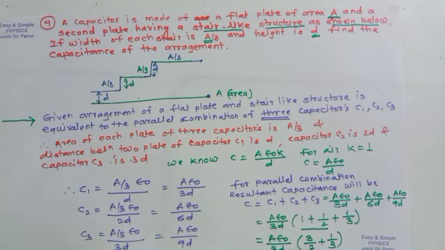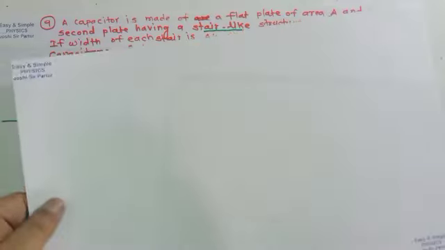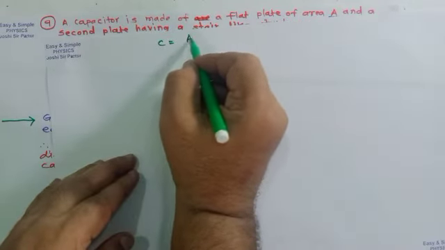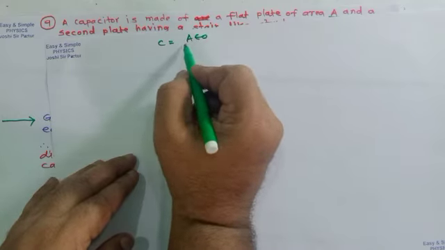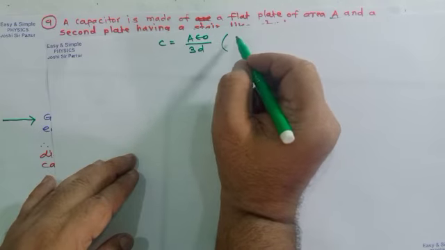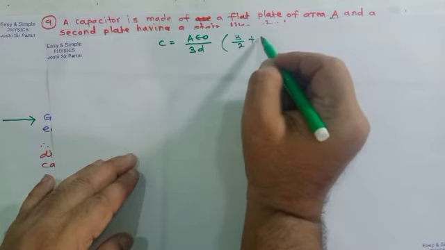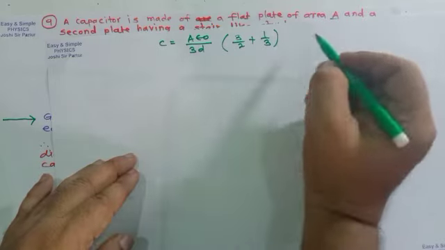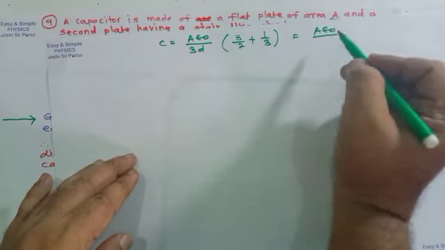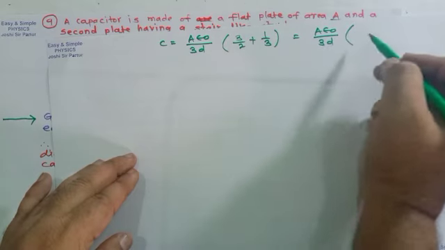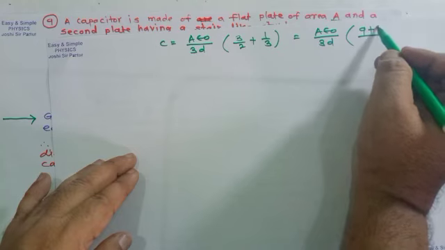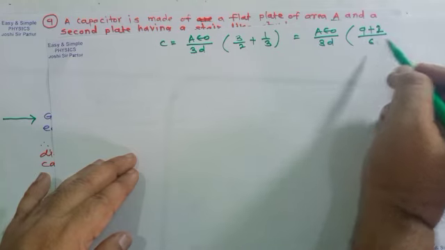So it is same as C equal to A epsilon 0 upon 3D in bracket 3 upon 2 plus 1 upon 3. Take a cross multiplication inside the bracket. A epsilon 0 upon 3D in bracket 9 plus 2 upon 6.